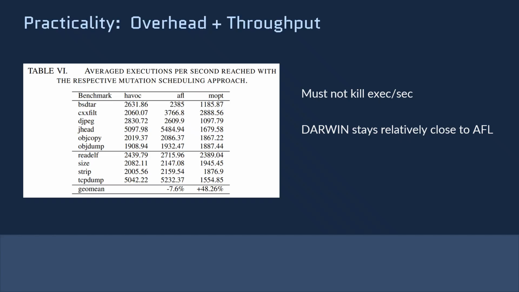So this helps to keep this overhead much more manageable, and it keeps the executions per second relatively close to AFL, which we can see in this table here. Most of the execution numbers are right there neck and neck with AFL, and they're going to be much higher value.